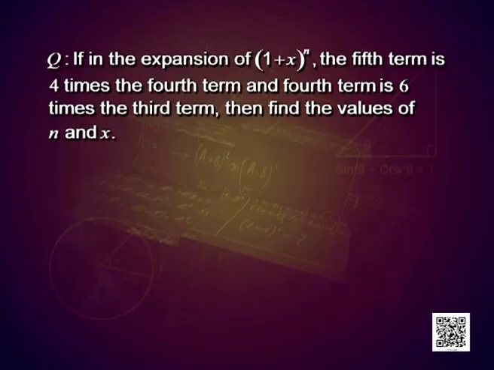If in the expansion of (1 plus x) whole to the power n, the fifth term is 4 times the fourth term and the fourth term is 6 times the third term, then find the values of n and x. So, we are still talking about the expansion of (1 plus x) raised to the power n, and you have to find n and x, two unknowns.